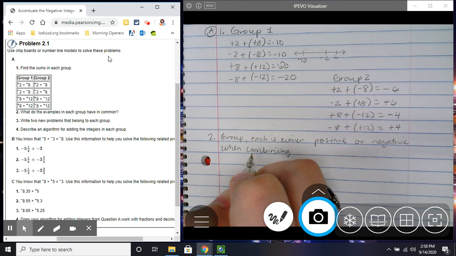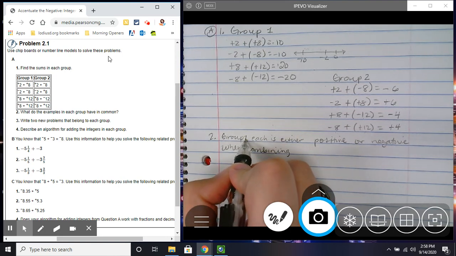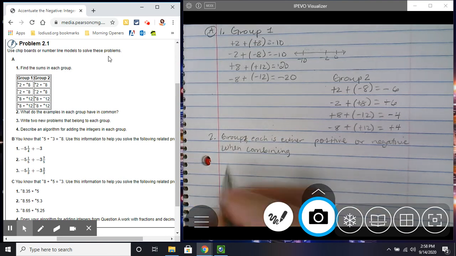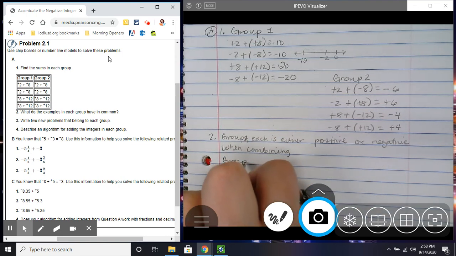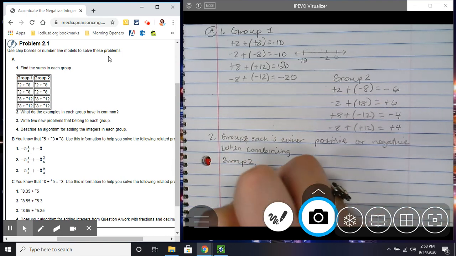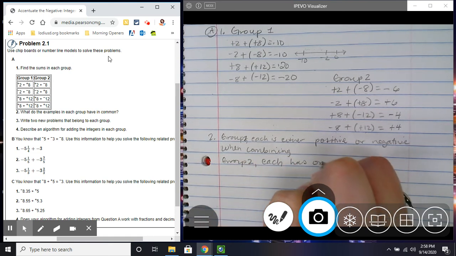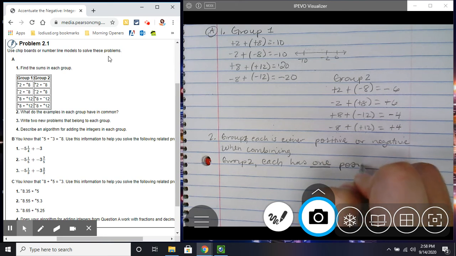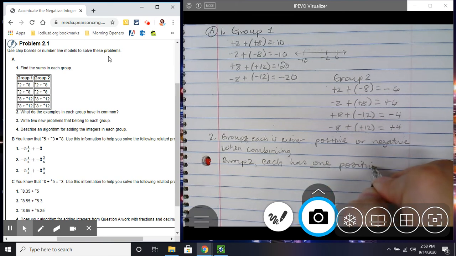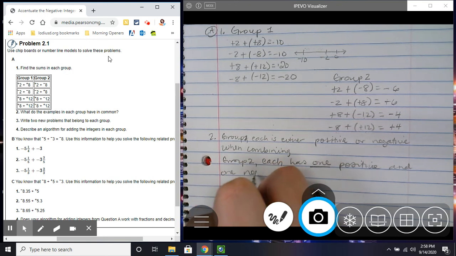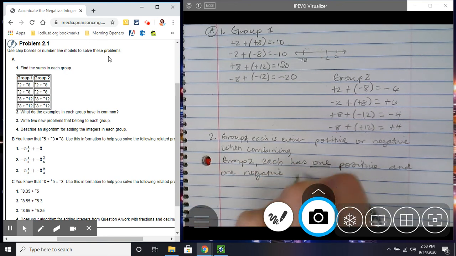And then, oh, that would be helpful, huh? Group 1. Group 2, each has 1 positive and 1 negative number.